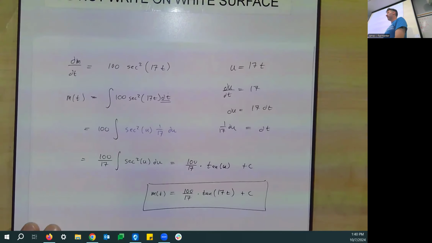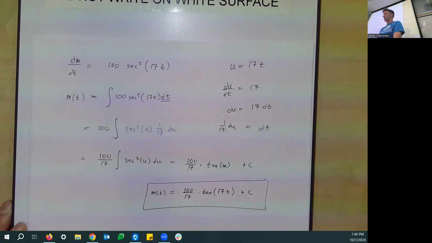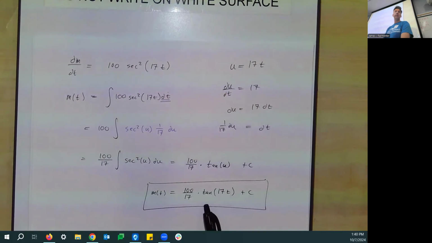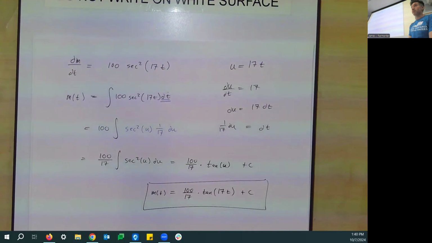No initial condition was given, so there's no way to solve for the constant c. We're just writing the most general antiderivative here. Notice, like I said was going to happen, we ended up dividing by 17, because if you were to take the derivative of this function, you would have to multiply by 17 because of the chain rule.